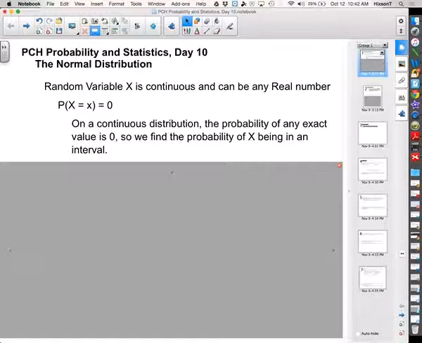Now, let's talk about why the probability is equal to 0. The reason is that if we're on a continuous scale, we're talking about things that can be measured. And no matter how precisely we try to measure, we can never be absolutely certain that the measurement is exact.